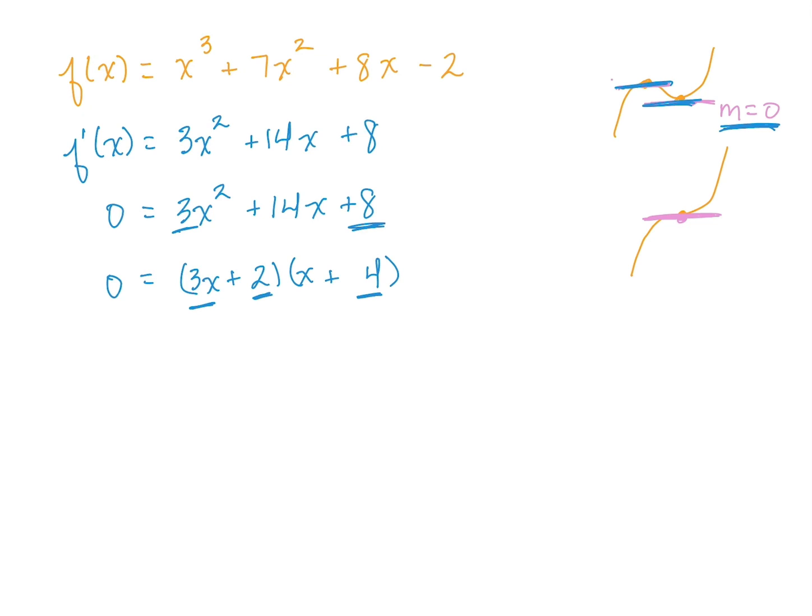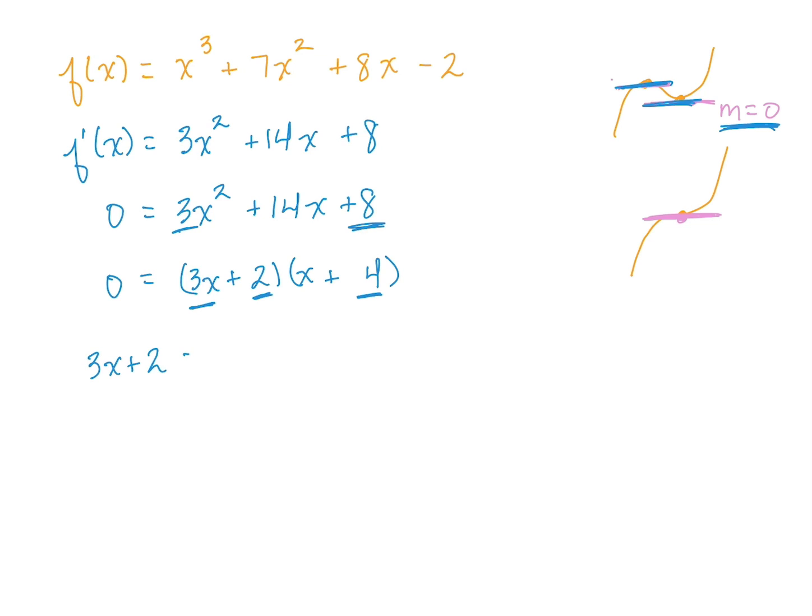If either of these factors is equal to 0, it's going to make this entire equation equal 0, meaning I can use these factors to determine at which x values I have a slope of 0 in f. So let's set each factor equal to 0.